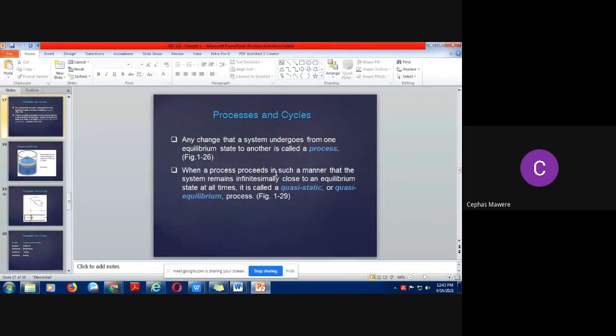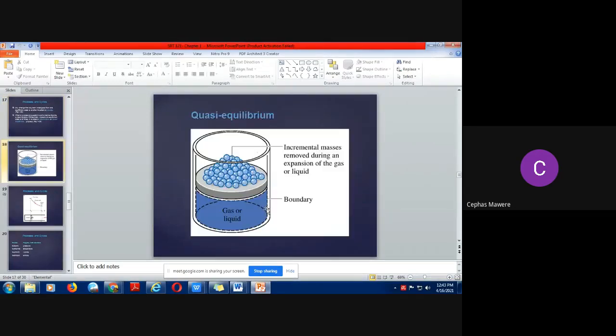But when that process continues in a manner that the system remains close to an equilibrium state at all times, as it expands, there is a shift that is taking place, and as it continues to expand and remains at equilibrium, it means that there is little variation to what is happening in the process, because in this case it is the gas or the liquid that is expanding.